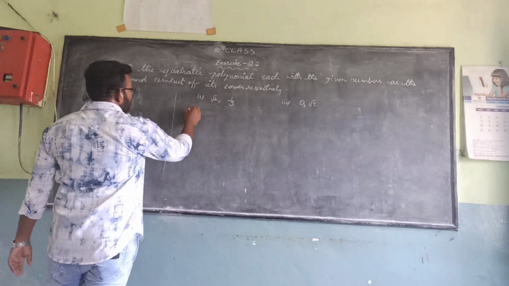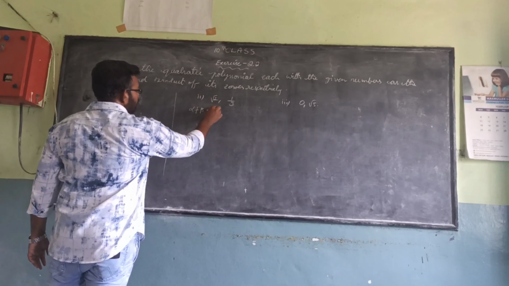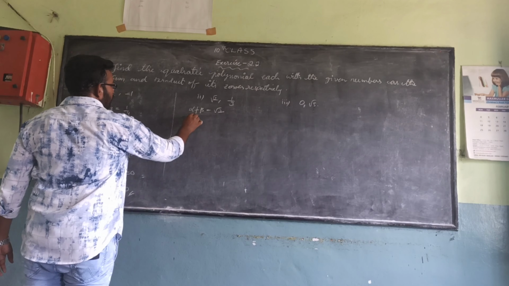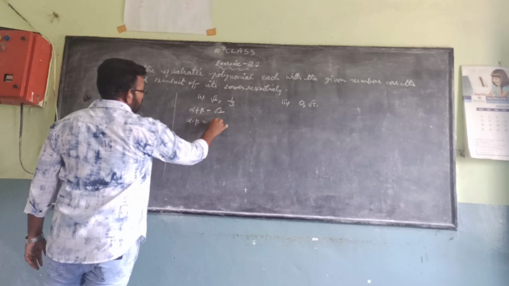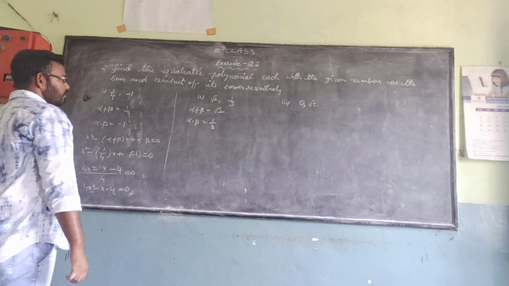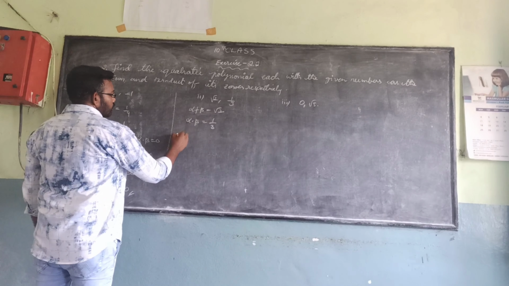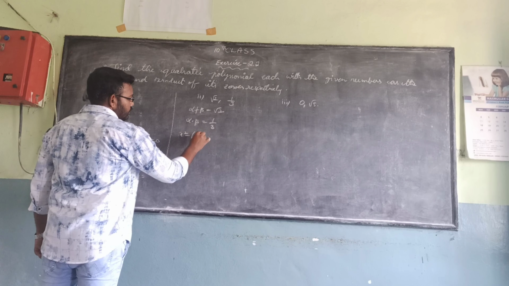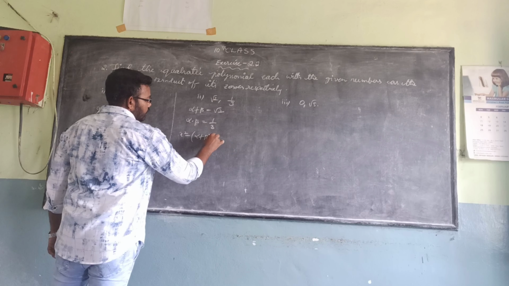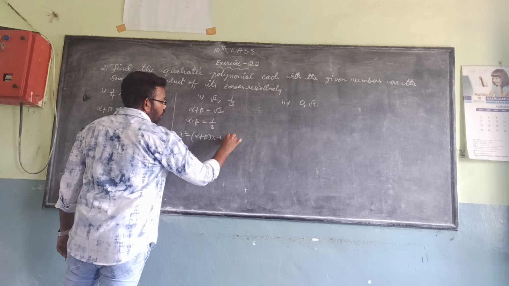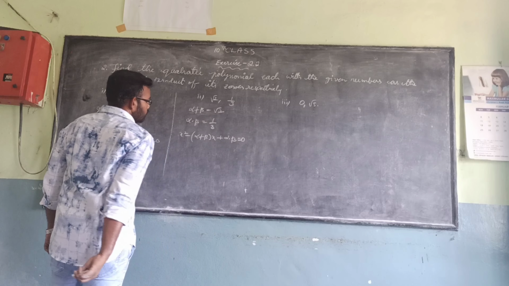Similarly here also given that alpha plus beta is equal to root 2 and alpha into beta is equal to 1 by 3. So the general form of the quadratic equation when alpha and beta are given: x square minus of alpha plus beta into x plus alpha into beta is equal to 0.